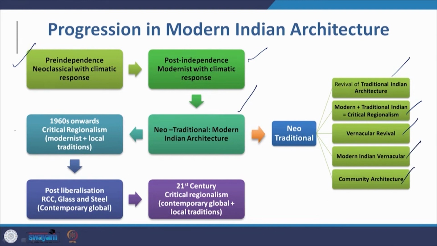Leading on to the 1960s, this would be parallel actually, because this is directly derived from neo-traditional. Then we have post-liberalization RCC, glass and steel buildings, which are contemporary global buildings, followed by a very strong revival of critical regionalism in the 21st century, contemporary global and local traditions.